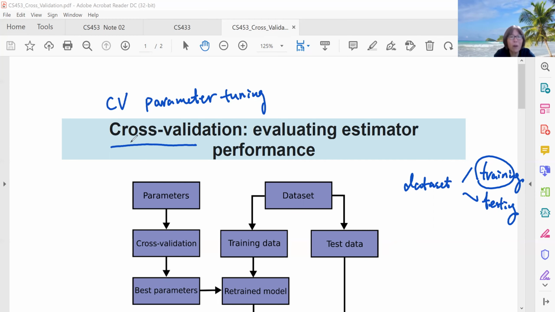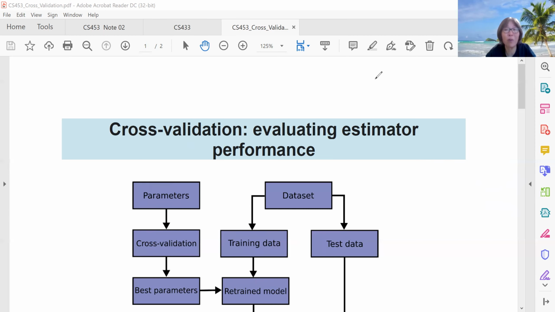So that's why we add another concept called cross validation. Based on some of the data set, you cross validate and choose the best parameter. With the best parameter, you can retrain the model on the training data, and then for the testing, we do the model prediction. That's the idea about cross validation.